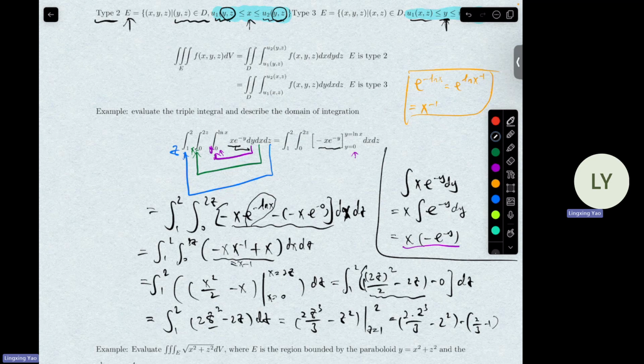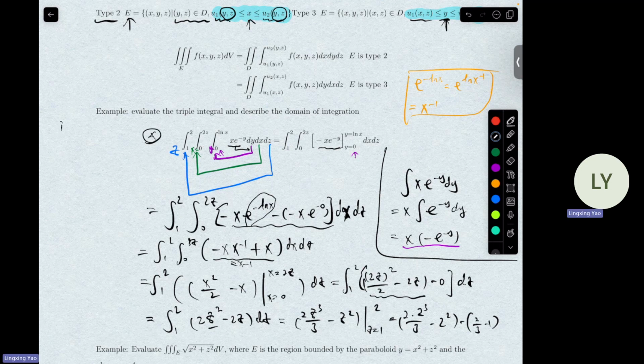And then you can finish the calculation afterwards. So this is relatively easy because for this type of integral, the iterated integral is already set up.